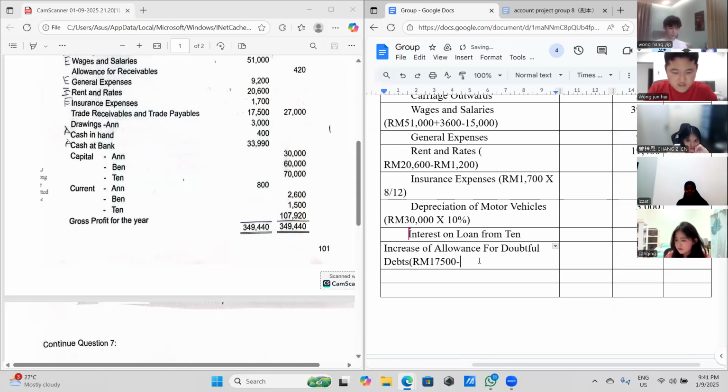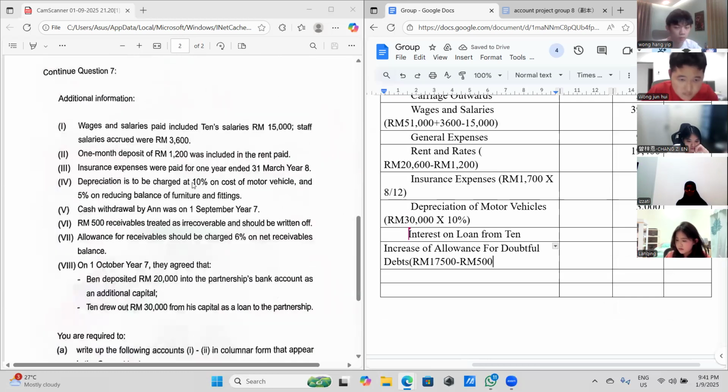Then we must minus RM 500, since the 500 receivables treated as irrecoverable, and we is charged at 6%. So we must multiply 6% and we get 600.